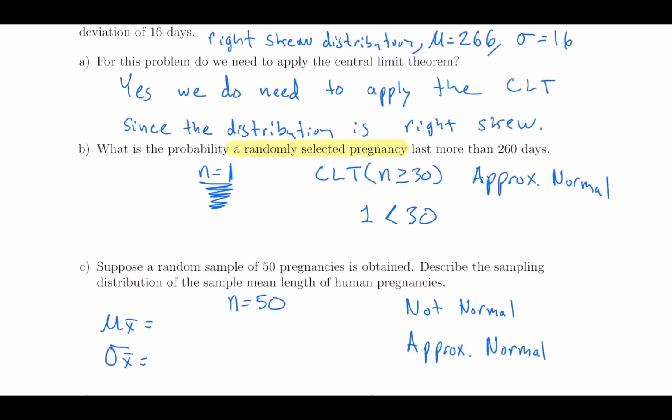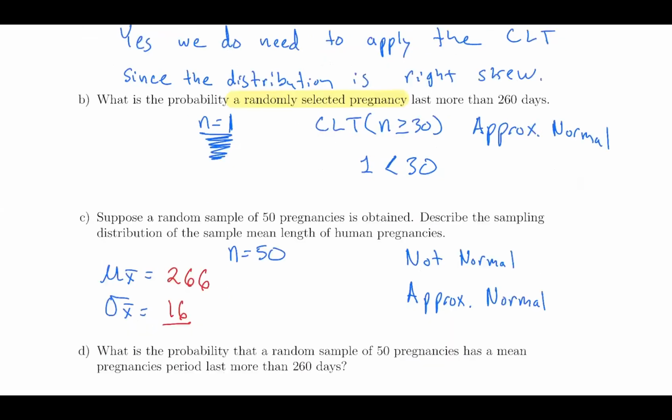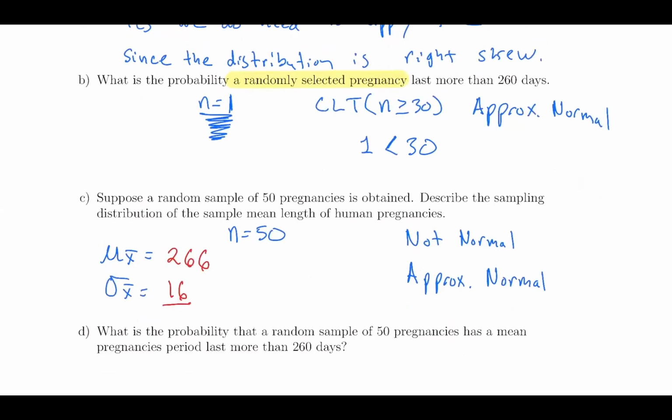All right, so mu of x bar is equal to mu, so that's equal to 266. Sigma of x bar is equal to sigma divided by the square root of n, where n is 50.